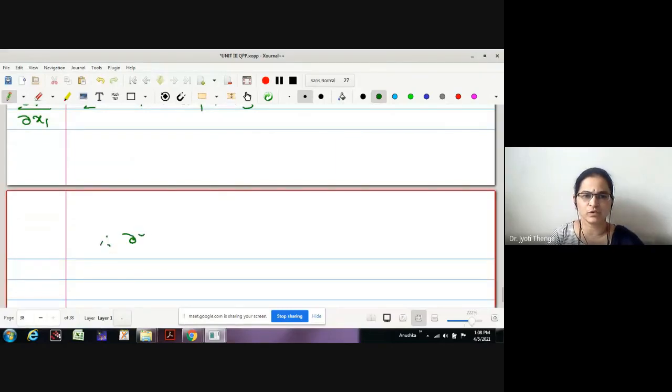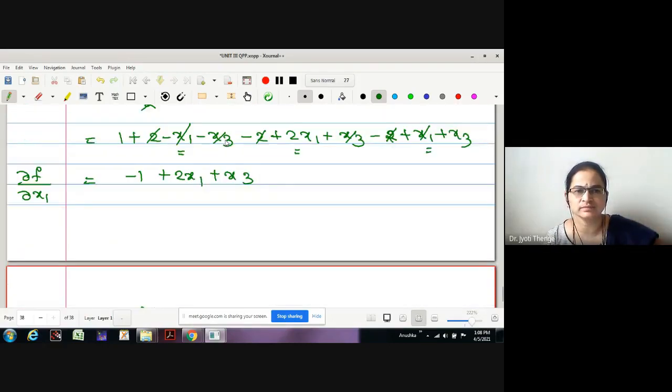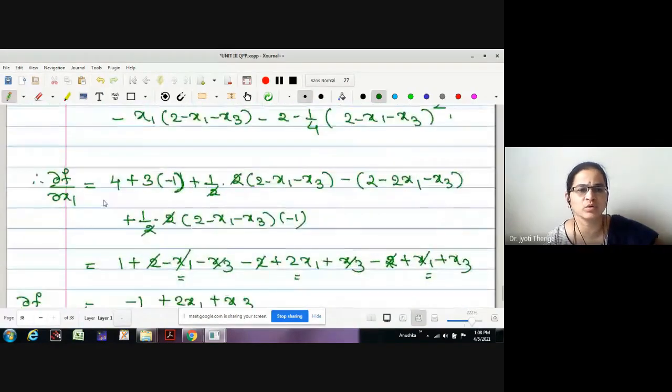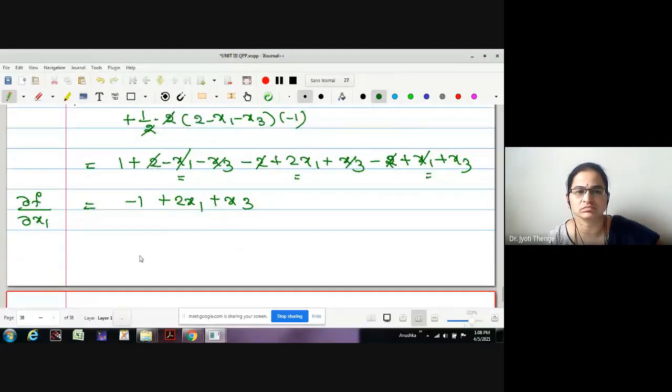Then what is the value of dou f by dou x1 at the non-basic variables x2 equal to x3 equal to 0? No, it has to be positive actually. One, because now we are going to introduce x1 and we are going to find the value of x2 star.